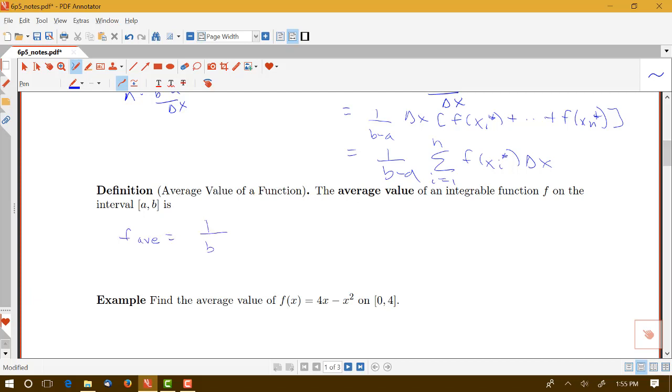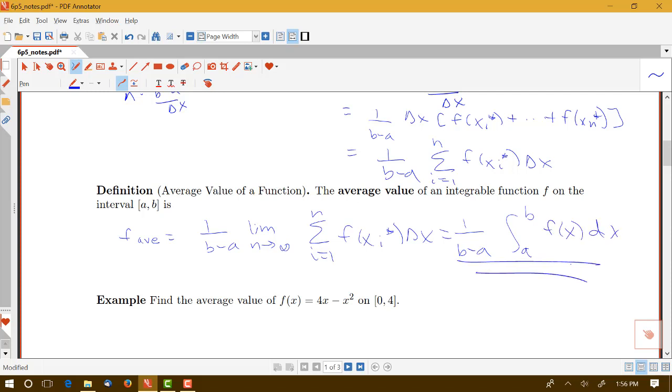We would have 1 over b minus a times the limit as n goes to infinity of that sum, i equals 1 all the way up to n of f of x i star delta x, and then we recognize that as one of our Riemann sums, the definition of a definite integral. So this is 1 over b minus a times the integral from a to b of f of x dx. That's what we'll be using as our average value formula.